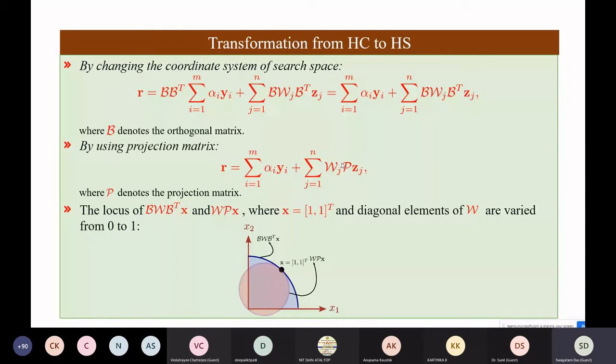And if you see, this is the original 1,1 point. If you perturb it with this projection matrix, the locus is the whole circle. And if you perturb it with this term, the locus is only a part of the first quadrant.